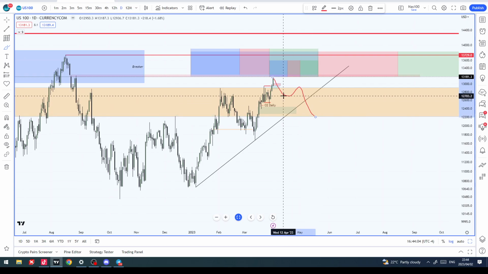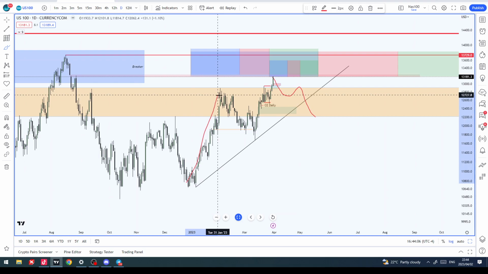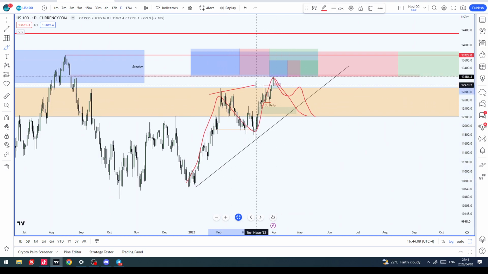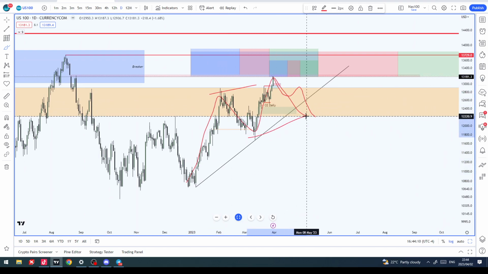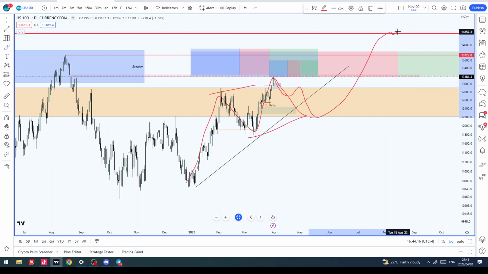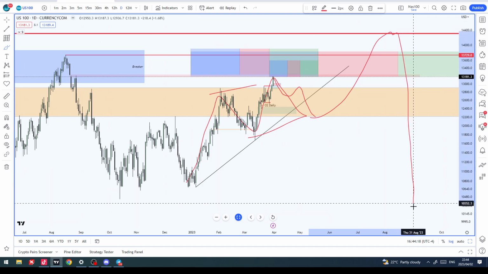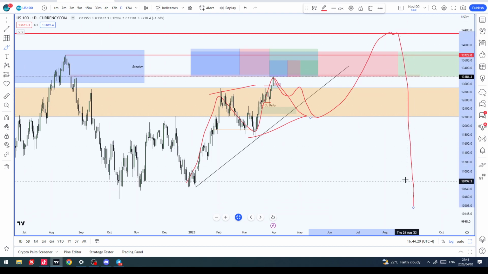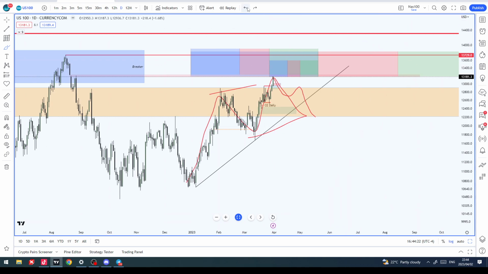Possible, giving us that kind of flat correction there, right? And then they do that in the manipulation phase, and then the distribution phase does that. Same as BTC. We'll just monitor it.